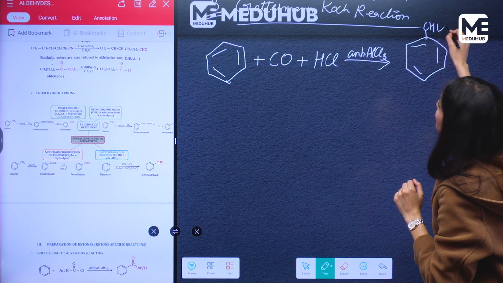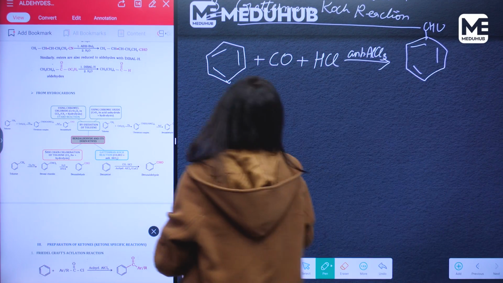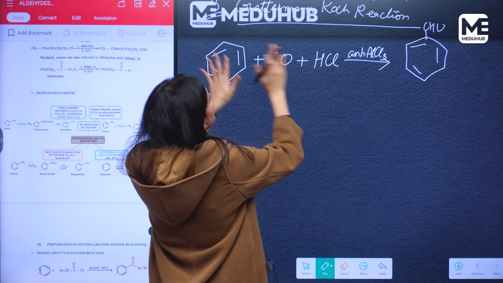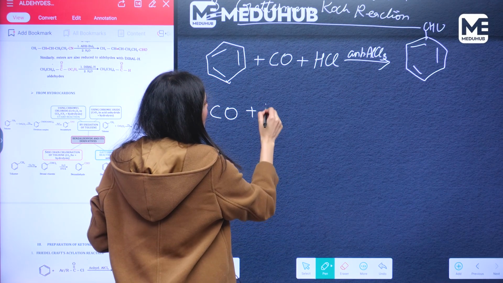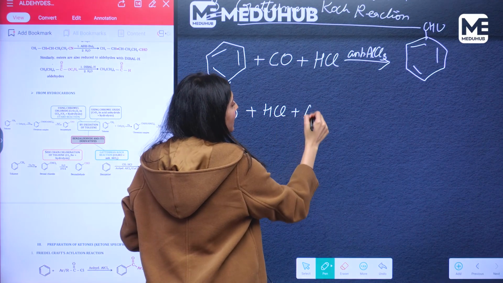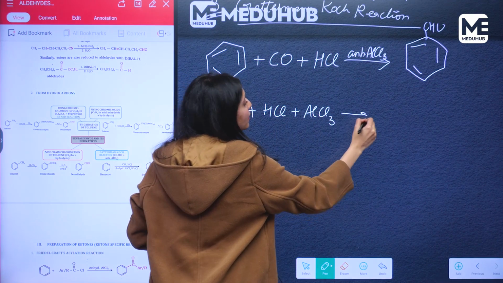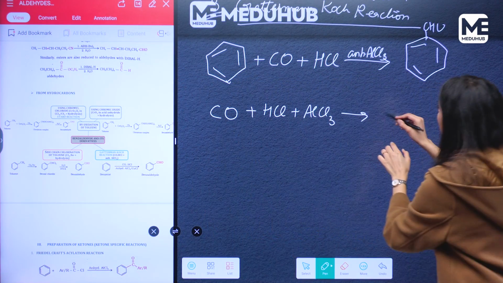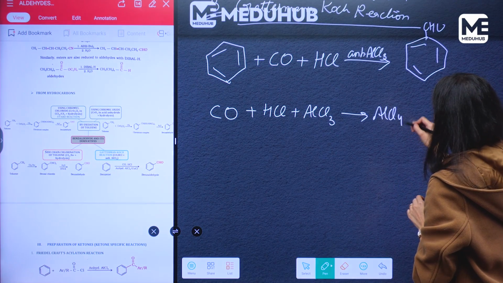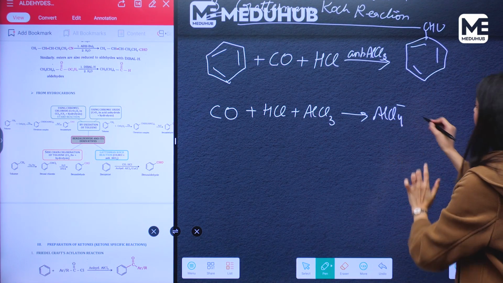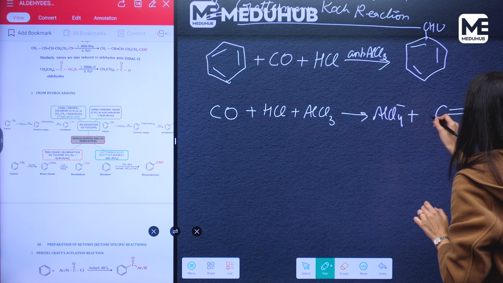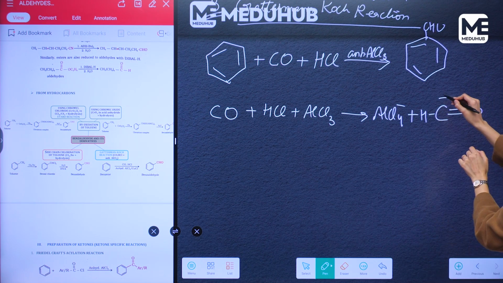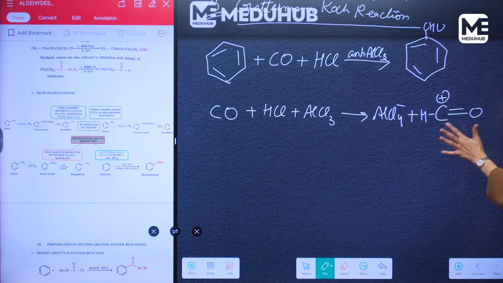What exactly is happening in the Gattermann-Koch reaction? Look at the reactants here apart from benzene. We have carbon monoxide, which reacts with HCl and AlCl3 to give us AlCl4 minus, this complex with aluminium, plus this HCO moiety here with the positive charge on carbon.